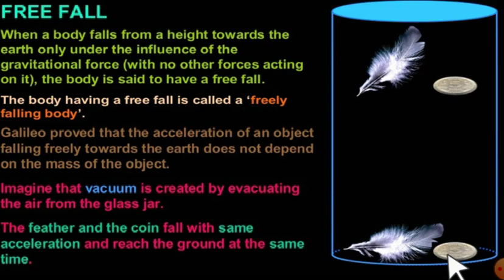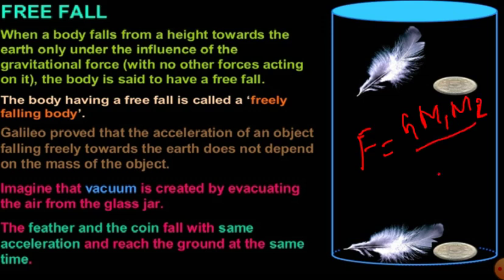So we know that the distance to the center of the earth is expressed in the formula F is equal to G m1 m2 divided by distance squared. Now this distance keeps on decreasing as it falls toward the surface of the earth, right?